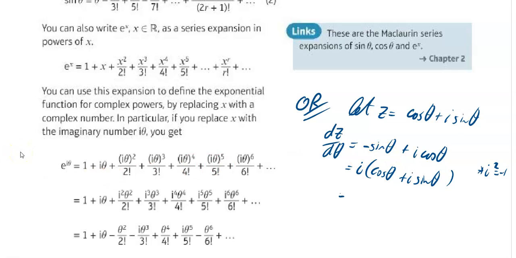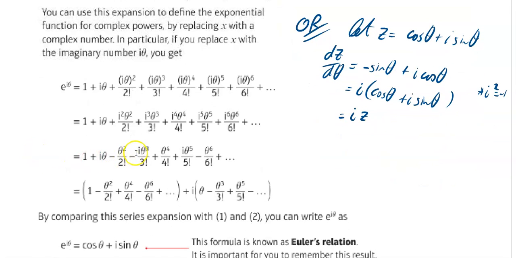So what we have shown is that dz by d theta is equal to just i z. So if we look at that again, we've said dz by d theta is equal to i z, and then what we're going to do is separate the variables.